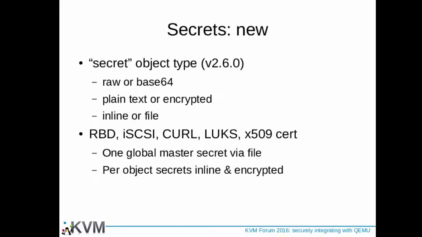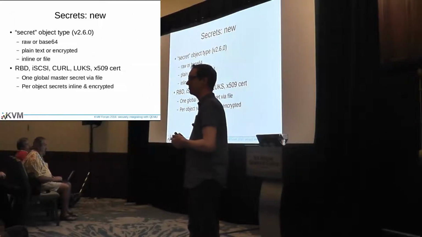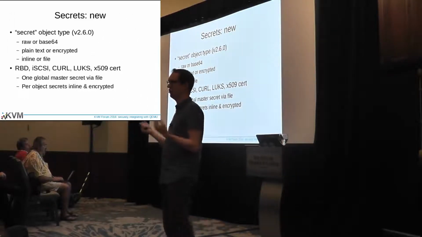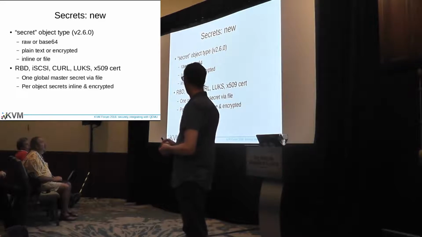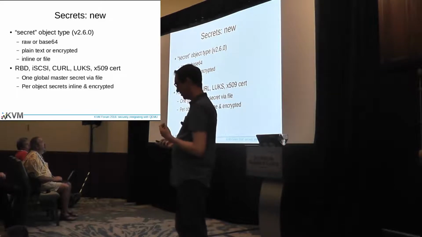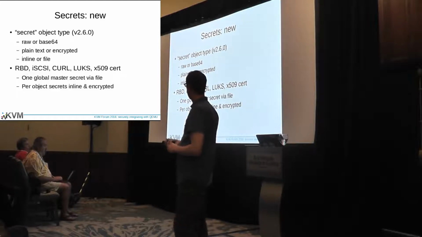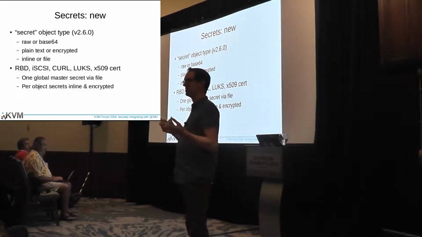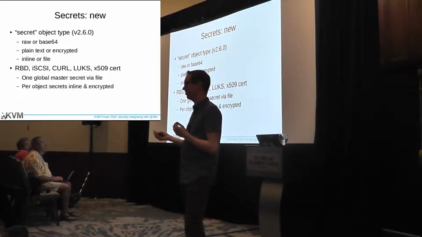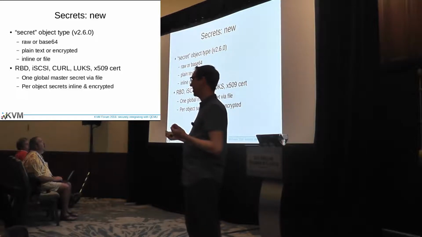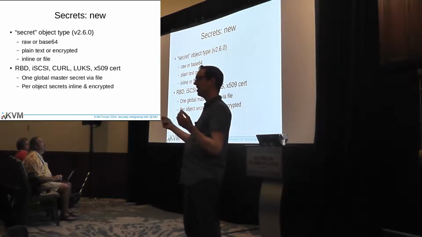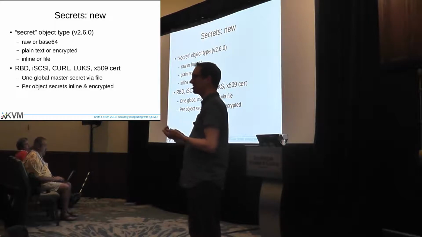So we decided the first thing we need to do is provide a standardized way of getting secret tokens or passwords, whatever you want to call them, into QEMU. So we created this secret object type, and you can provide the secret in either raw format or base64 encoding, and you can provide it either inline as a property on the object or indirectly via a file on disk.